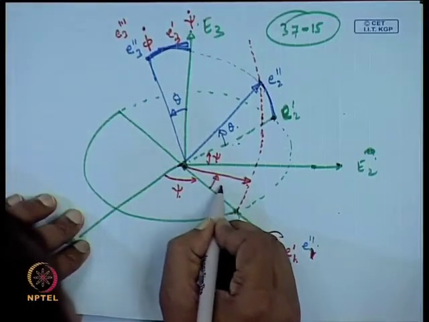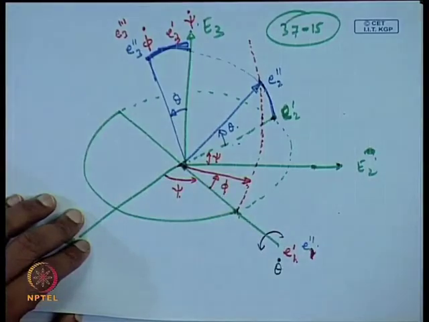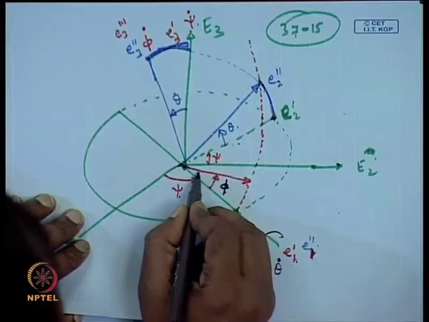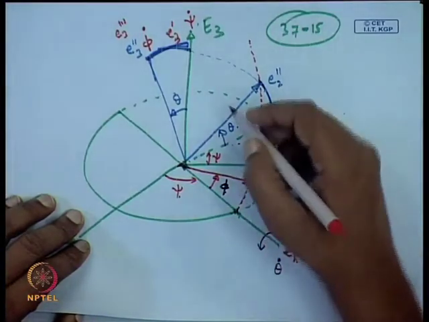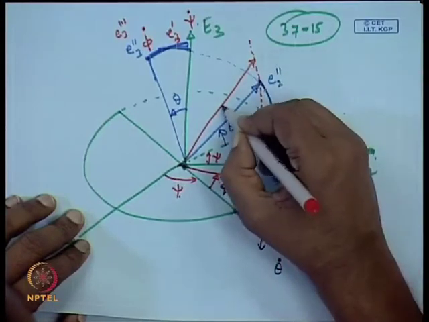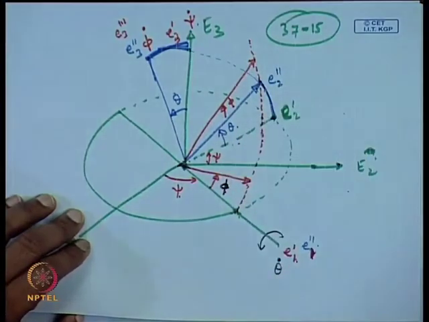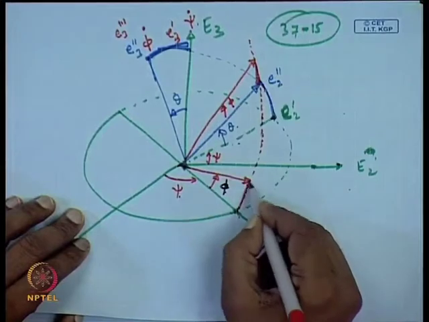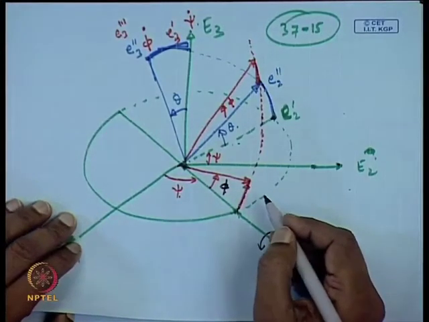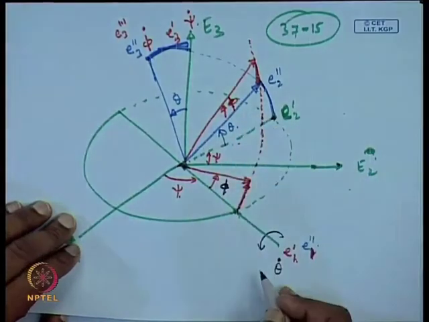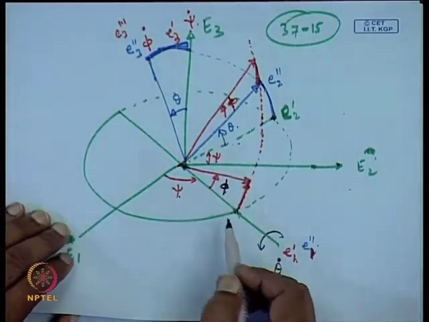Okay. So, this is angle phi, and this will move from this place to this place, this is angle phi. So, they are not in the same plane, okay, you can see. So, these are the three orthogonal rotations.